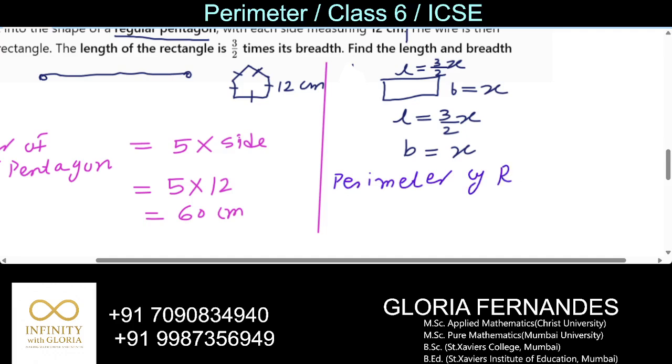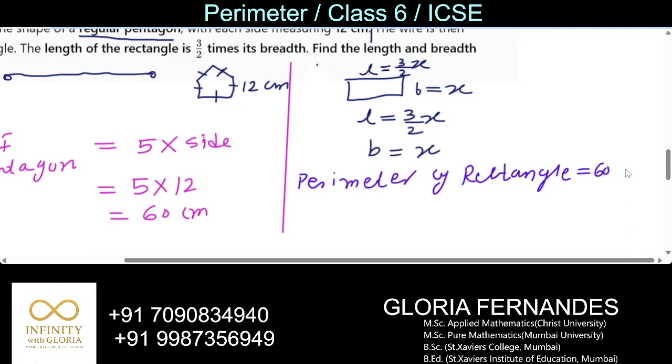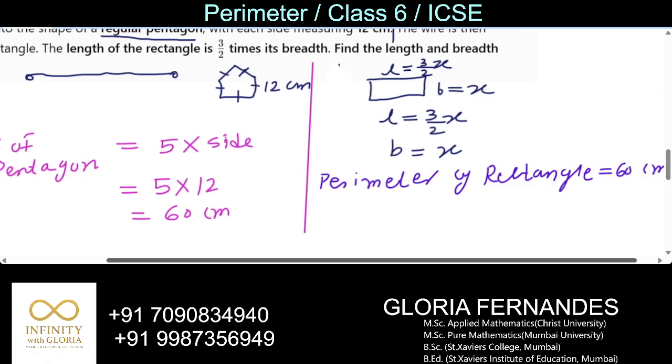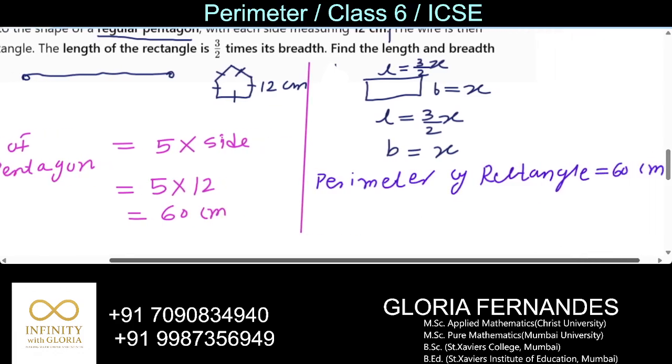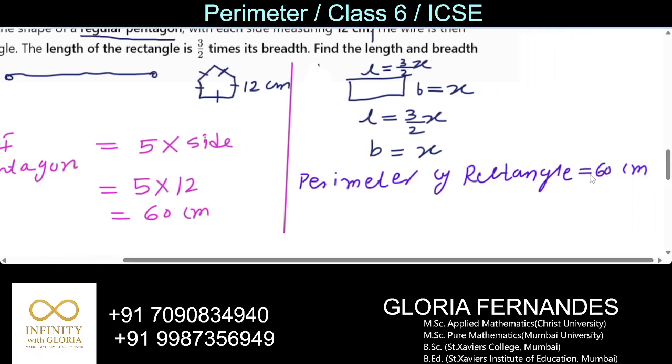Both are going to be the same because we are going to use the same wire. So the perimeter of a rectangle is going to be 60 centimeter. This is the very important step over here, because we are using the same wire to form a rectangle.